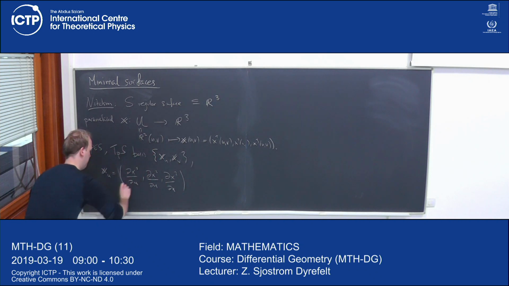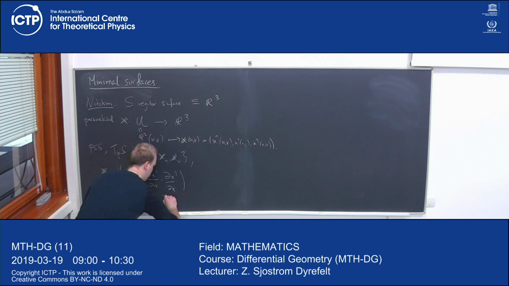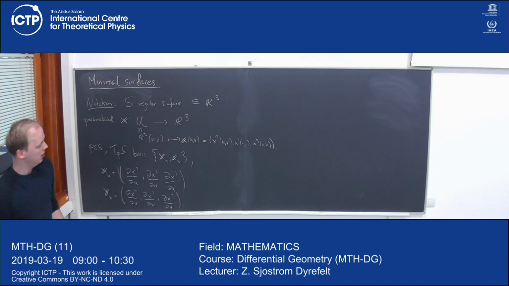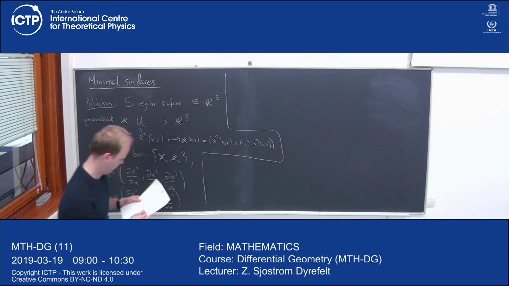So this is the first vector, and XV is exactly the same thing, but you take the derivative with respect to the second variable. Okay, so this is the notation that we use.